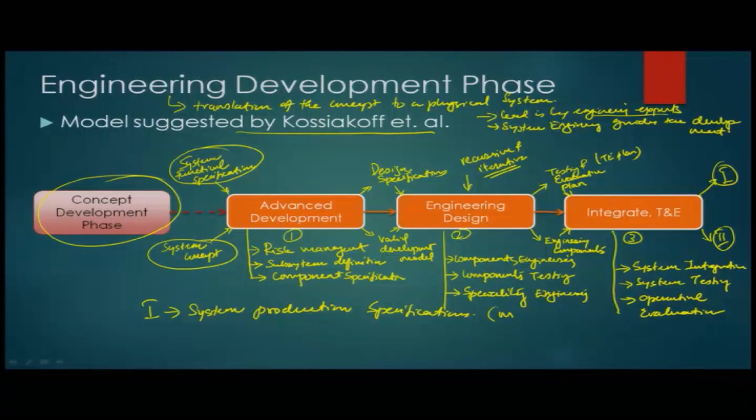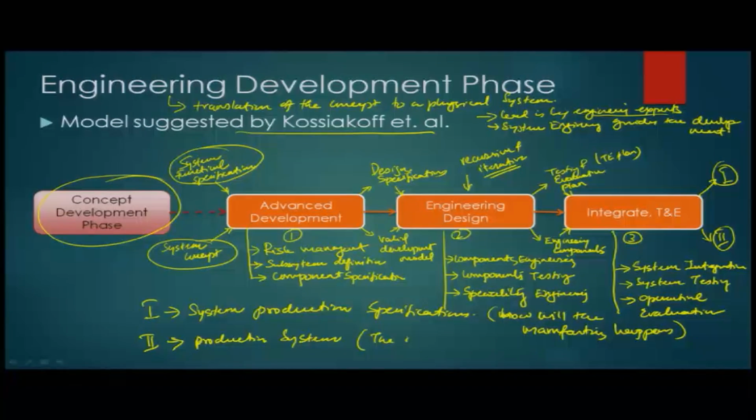The question is how the manufacturing will happen, how you will produce the system. Okay. Output 2 will be the production system itself, the way to produce the new system. So, these are the two outputs of the engineering development phase.